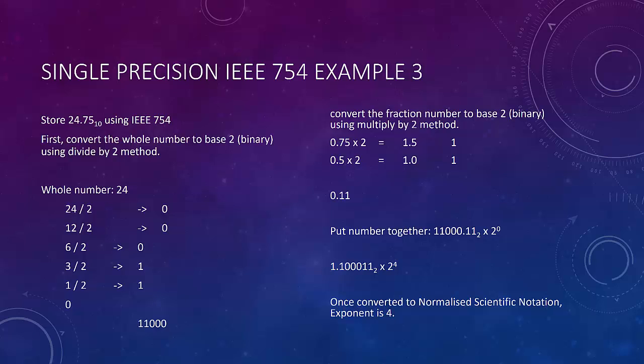Exponent in that case is 0, but it's not in normalized form. So to get it into 1.1000011, what we've had to do is divide the number 1, 2, 3, 4 times, which means that to get back to the original we'd have to multiply with an exponent of 4.